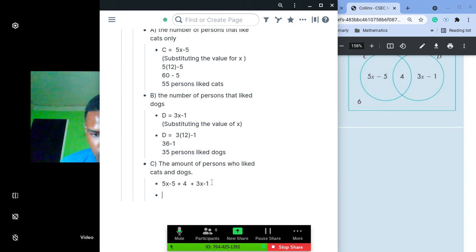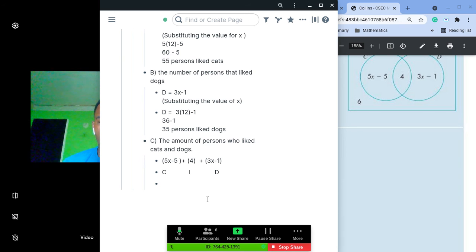You could put brackets around it so you don't get confused. Now you can notice the 3 types of numbers that you're adding: 5x minus 5, the 4, and the 3x minus 1. Below it you can put the symbols C, which means cats, I, which means intersecting, and the last one, D, which means dogs.